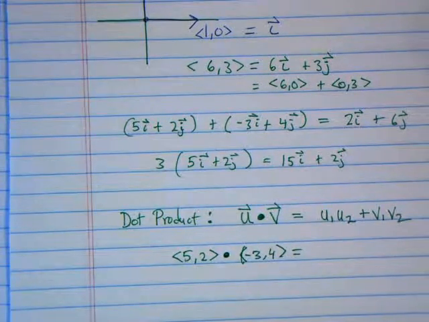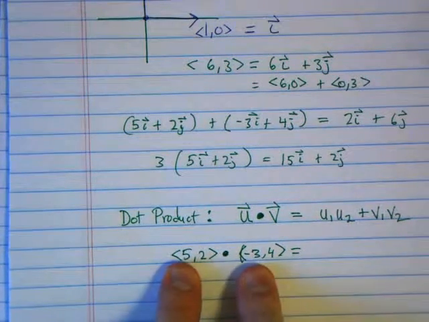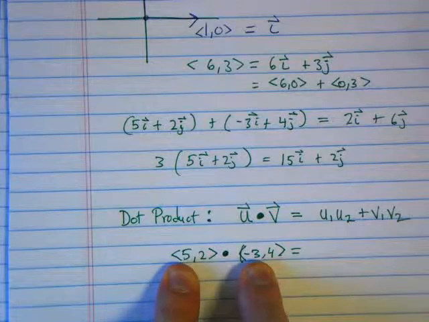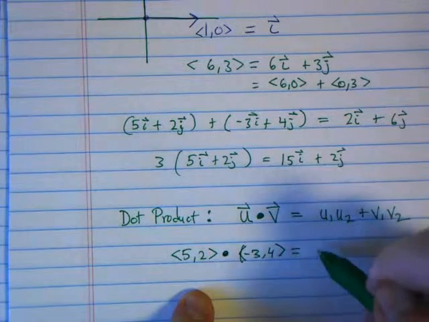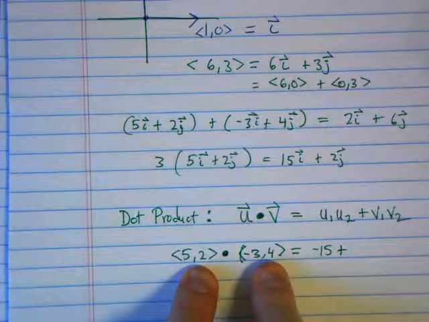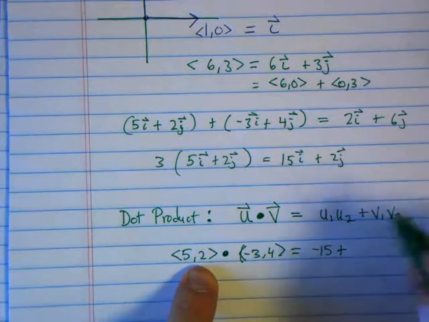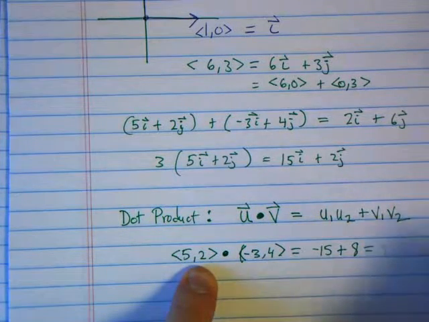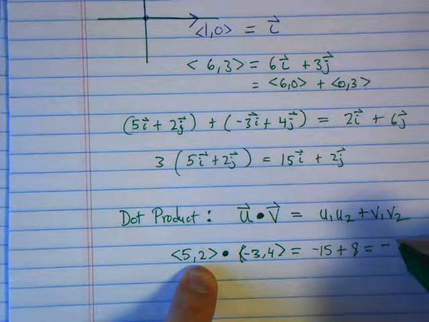What this tells me to do is multiply the x numbers. So I take 5 times -3, which is -15. Plus, I take 2 times 4, 8. And then I add them together. -15 plus 8 is -7.